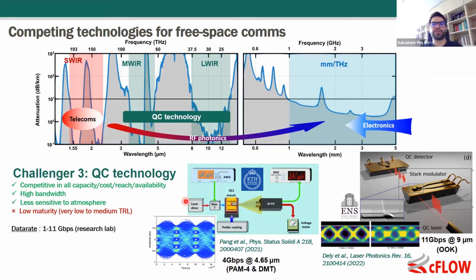Here you have some recent demonstrations from KTH and École Normale Supérieure, obtained in the framework of the cFLOW project. For those who didn't attend the webinar, I invite you to watch the webinar of ENS and KTH.